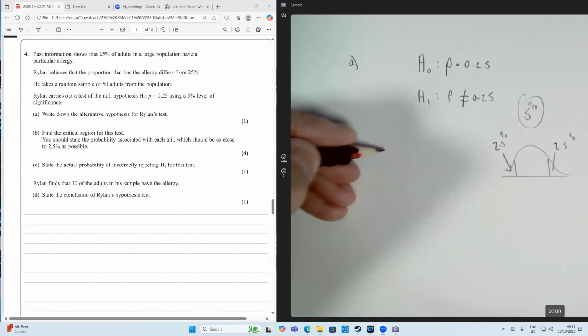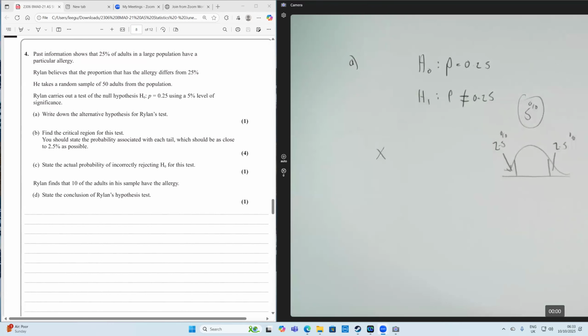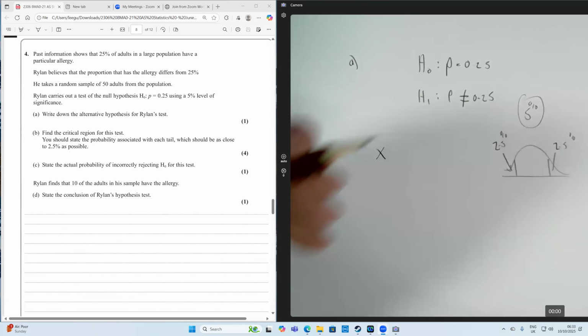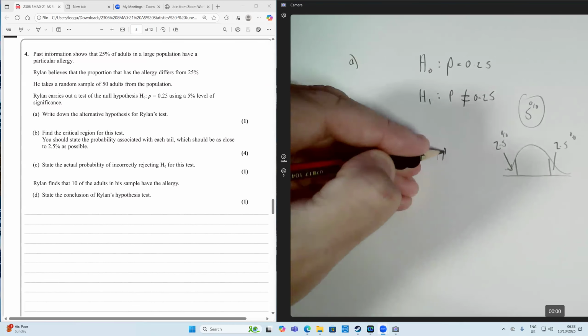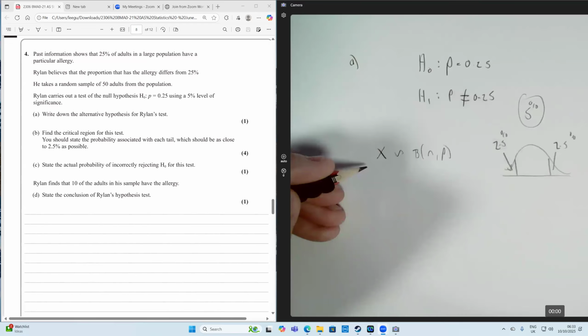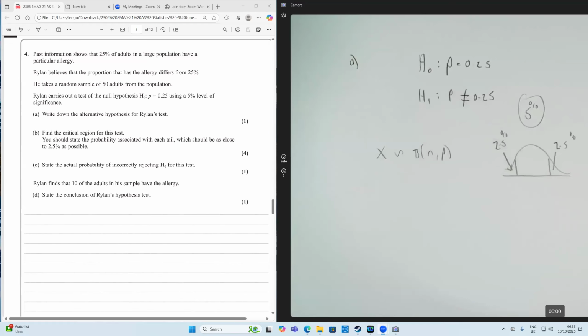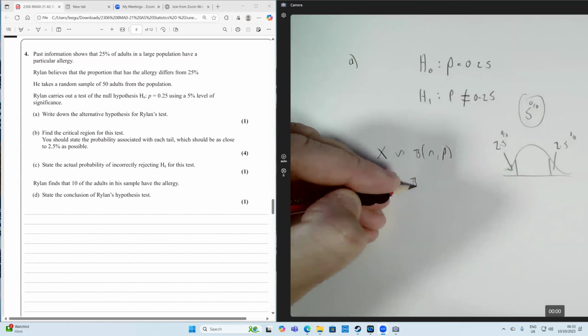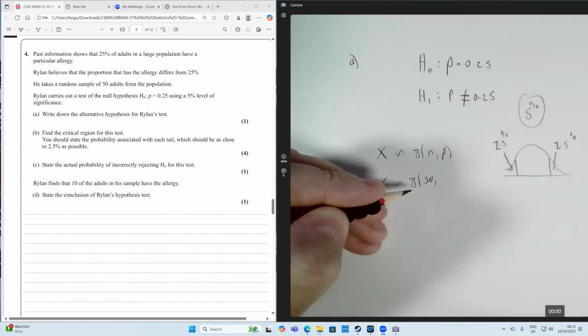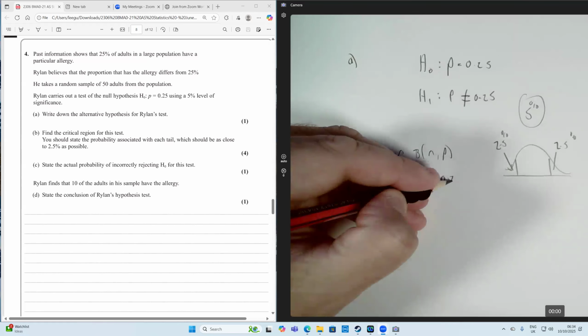X, the number of people having the allergy, is going to be binomially distributed because either they have the allergy or they don't, and that is independent of each other, and there's a fixed number of trials, which is 50 adults. So we have a binomial with n equals 50 and p equals 0.25.